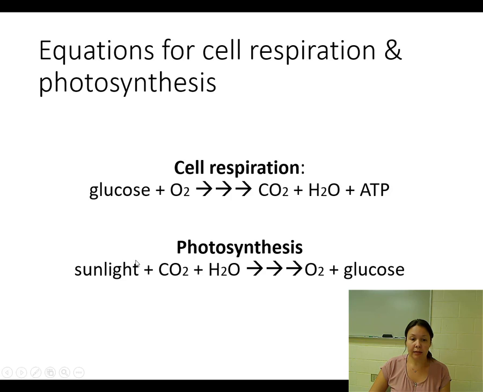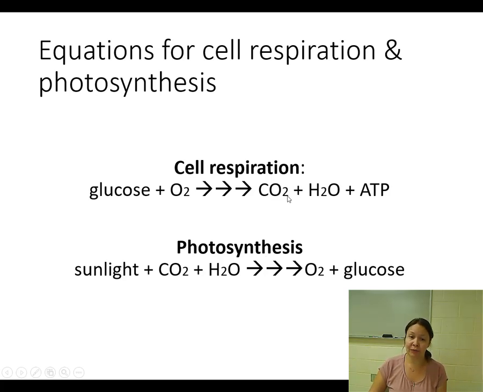Photosynthesis, on the other hand, you have your reactants listed here on the left-hand side: sunlight, CO2, and water. And on the right-hand side, you have oxygen and glucose. So these are your two important equations for the two metabolic processes that happen in the cell. Now, what you might notice is photosynthesis is largely a reverse of cell respiration.